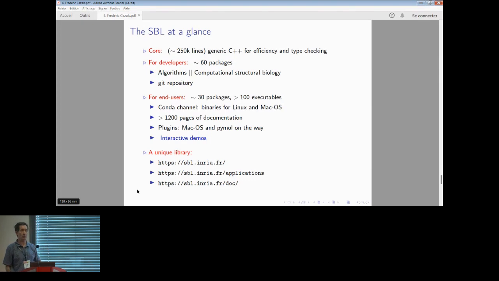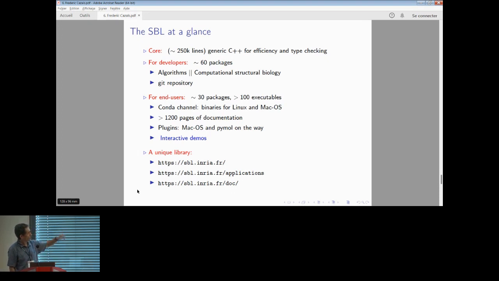There is a huge documentation which we wrote by hand, so many pages. And so we are currently designing plugins for PyMOL and VMD, both for macOS and Linux, of course. And if you click this link, which I'm not going to do on this computer, there are also a number of interactive demos developed with Eduardo and Nicole.